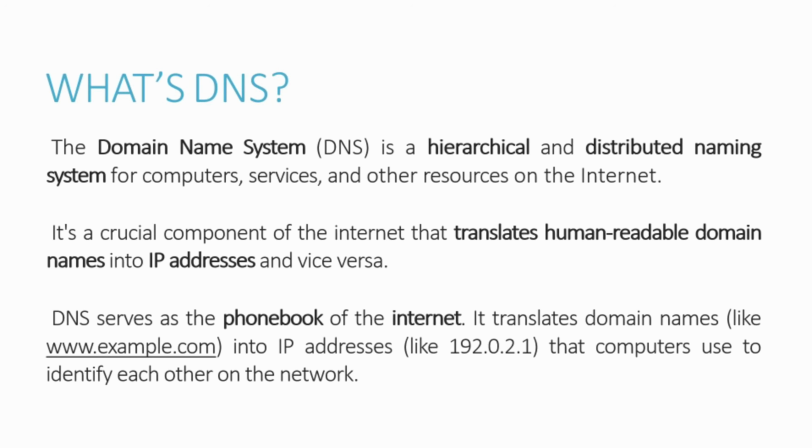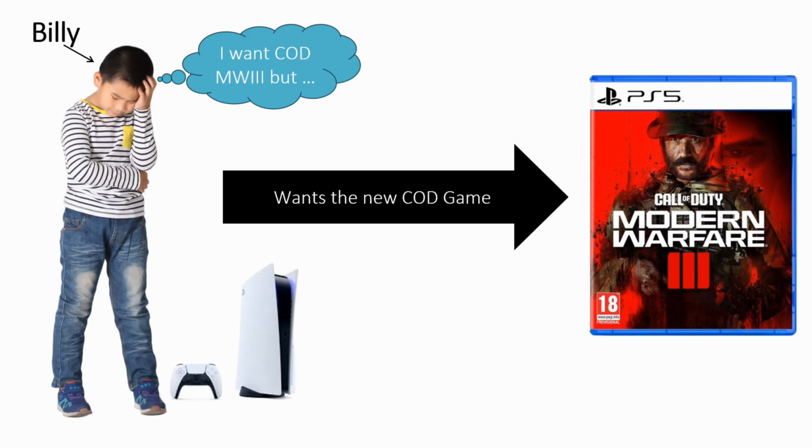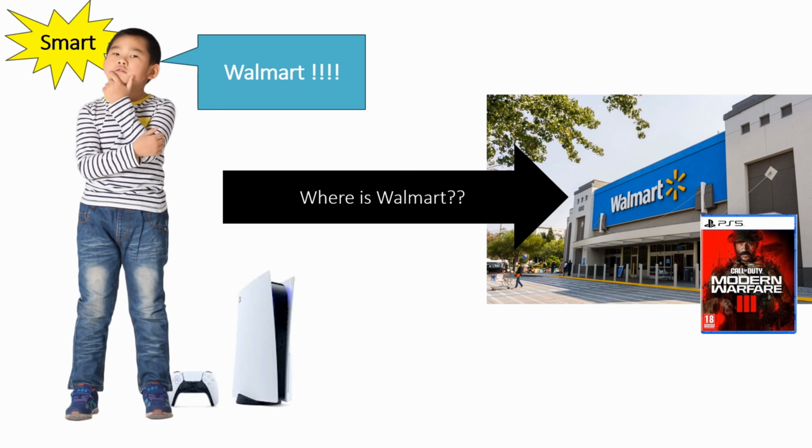Now let us talk about an example that will make it easier for you guys to understand what DNS actually is. Consider a boy named Billy who wants to play Call of Duty Modern Warfare 3, but the problem is that he doesn't really have storage on his PS5, so he needs to buy the physical copy of this game. Billy gets an idea that he will buy the game from Walmart, but the problem is, where is Walmart?